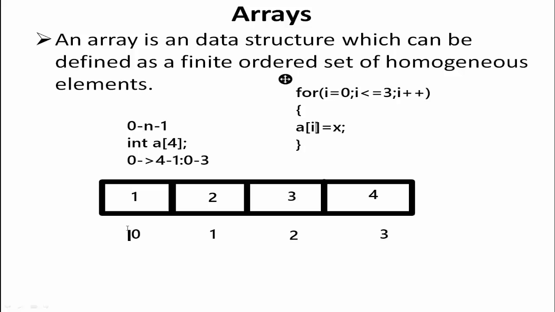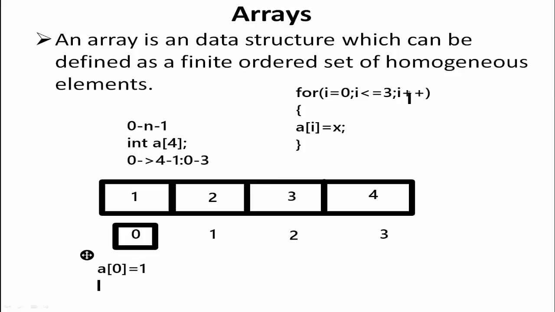If you consider 0, 0 is an index of the array. So what is A of i? A of 0, which is 1. 1 will be printed first.